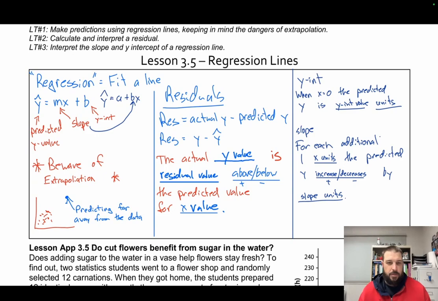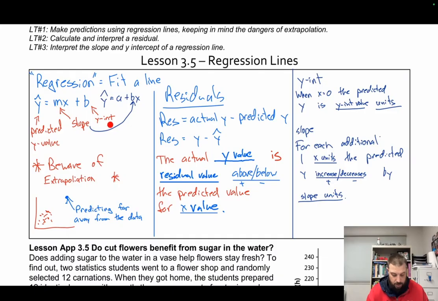Okay, let's talk through some of this. So regression is where we're going to fit a line. As we already talked about, y hat equals mx plus b. It's our predicted y value, our slope, and then our y-intercept. Often in stats, though, they write it in terms of y hat equals a plus bx. So be careful when you see the generic term, right?